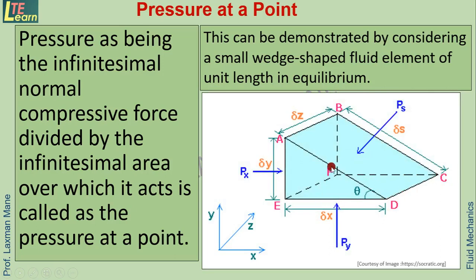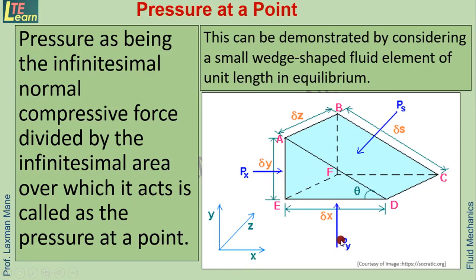So this is called a wedge-shaped fluid element. Let us see its dimensions. It has 3 main planes. One is a vertical plane, this is a horizontal plane, and this is an inclined plane. These 3 planes are subjected to pressure. So pressure in the horizontal direction is acting, that is Px along the x direction.